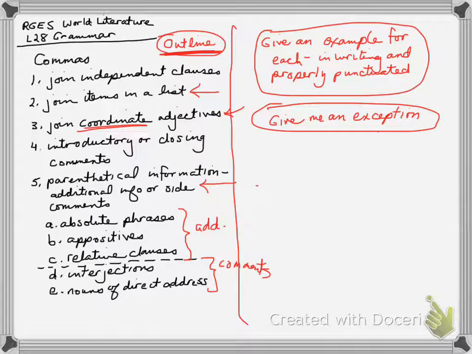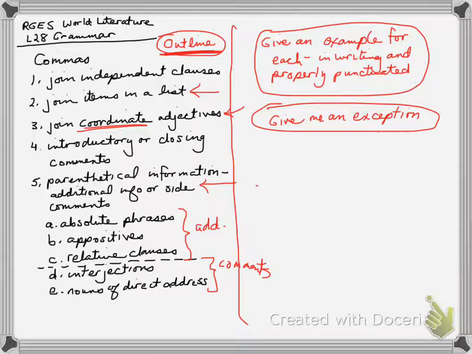I could have coordinate adjectives like he wore a long blue jacket, or I could have cumulative adjectives like he wore a red soccer jacket, where a soccer jacket's a specific type of jacket. One would have commas and one would not. So that would be an example of something to watch for with an exception.